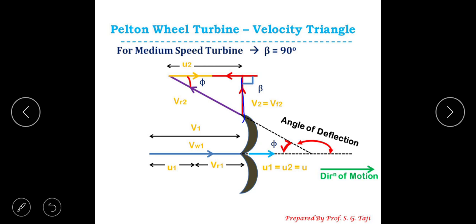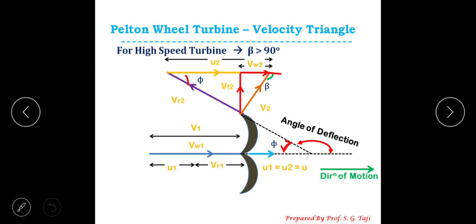The rest of the thing is modified, that you have to practice. For all the three, if you take the figures on one side of a paper, you will come to know how this changes with magnitude when beta is less than 90, when beta equals 90, and one more, beta greater than 90.